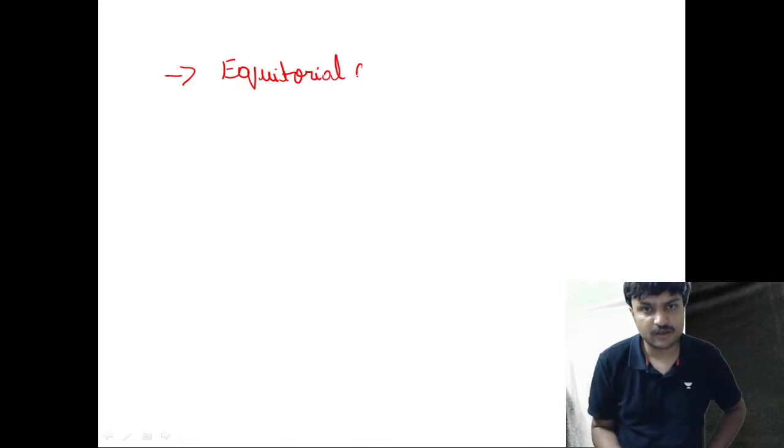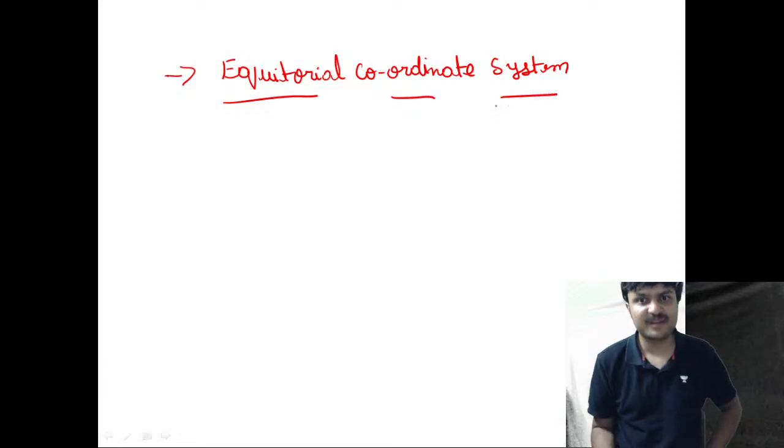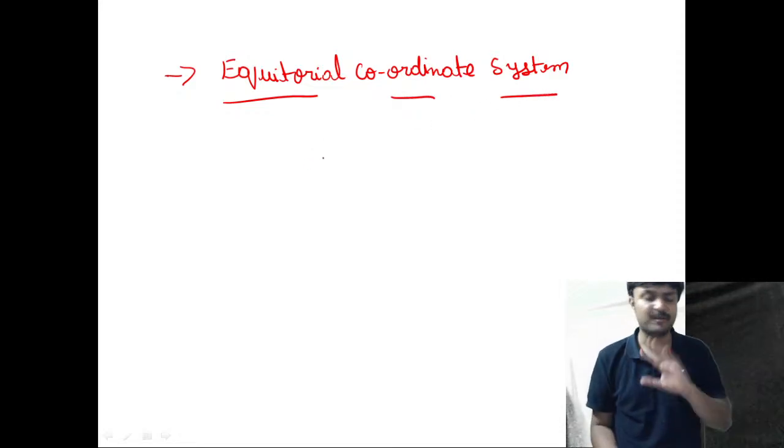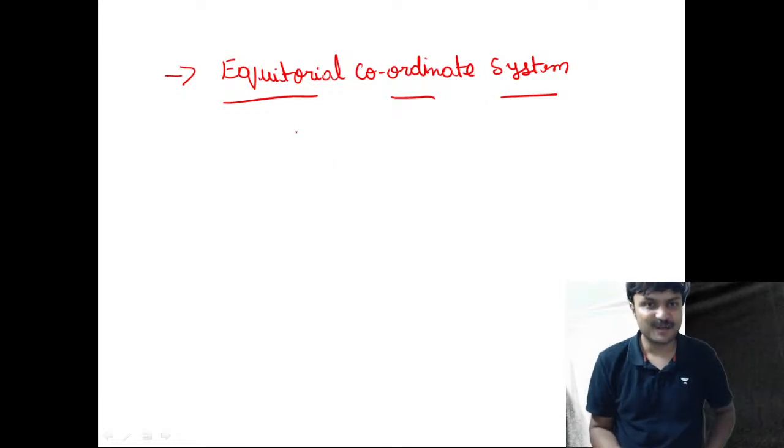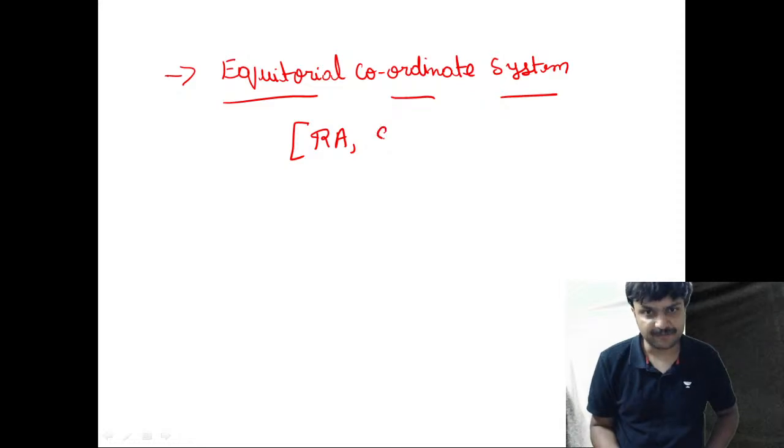Equatorial coordinate system. Okay, so this is the one which we use very much for knowing the coordinates of astronomical objects. This is very popularly used. It's called right ascension, RA, and declination, delta.